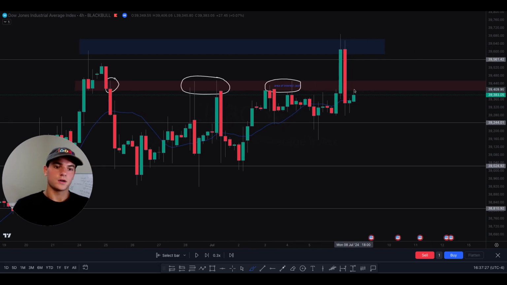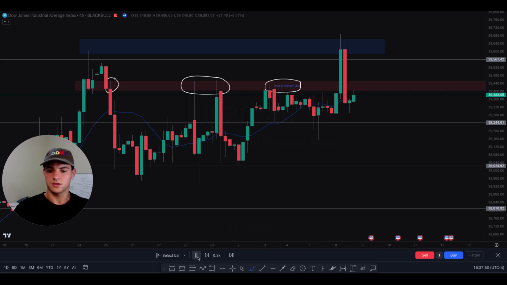So right here, we were just starting to tap into this area, right? So if we're tapping into this area, I have to be careful and basically wait for a candle confirmation, which would be the candle closure, right? So this candle hasn't closed yet, but it will close in the next maybe couple of hours.